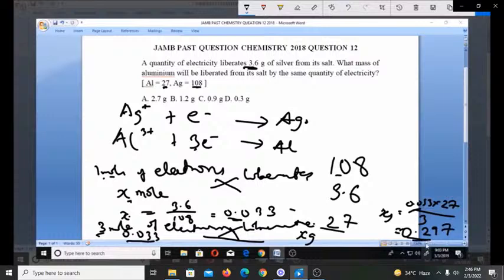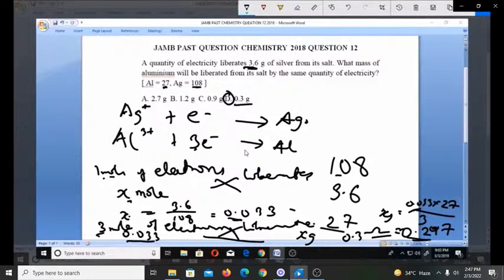So this is the mass that will be liberated, 0.297. And this 0.297 is approximately equal to 0.3, because this is 9, so you can approximate this to 0.3 gram. So the right option is going to be D, 0.3 grams.